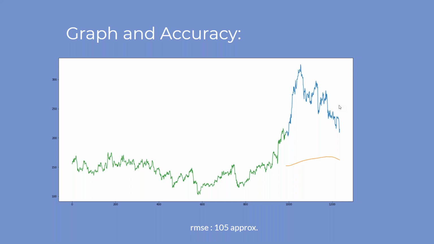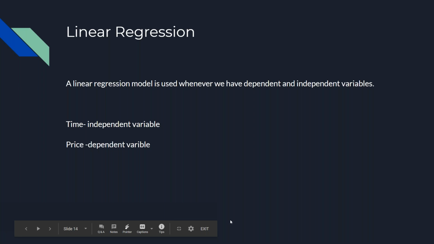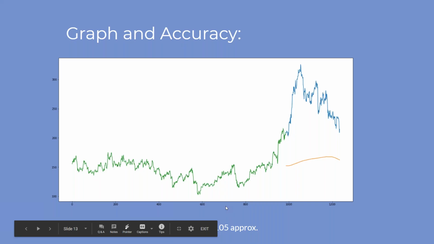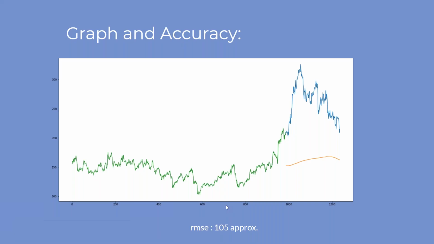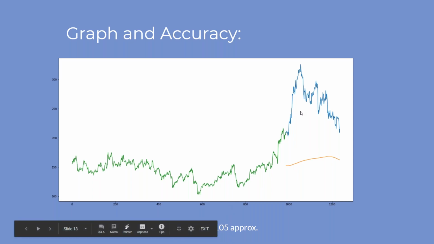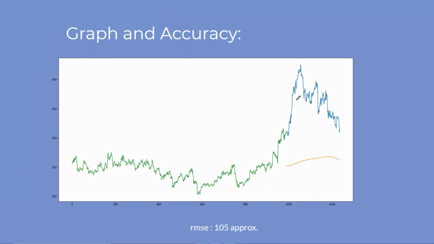This is the graph, and we are measuring accuracy using RMSE, which is a standard way in machine learning to calculate the error. In this graph, the blue line represents the actual values, whereas the orange line represents the predicted values.